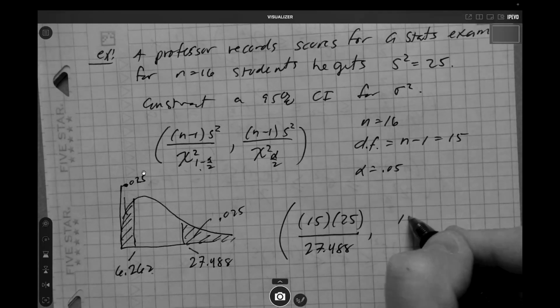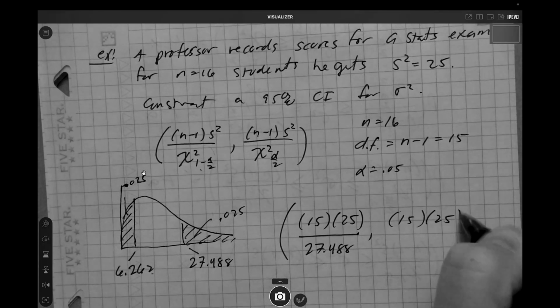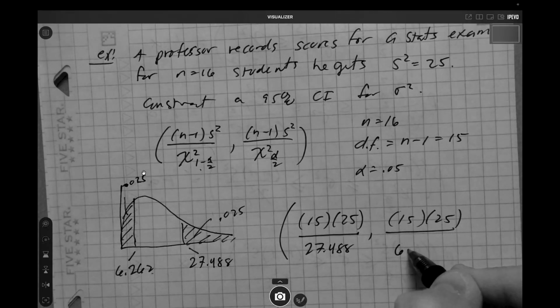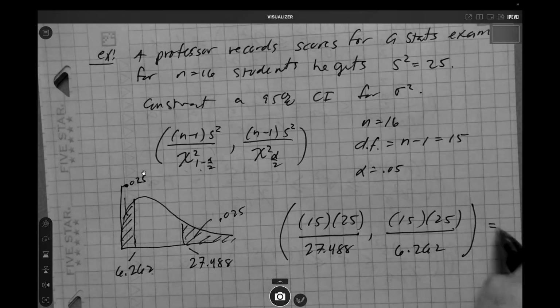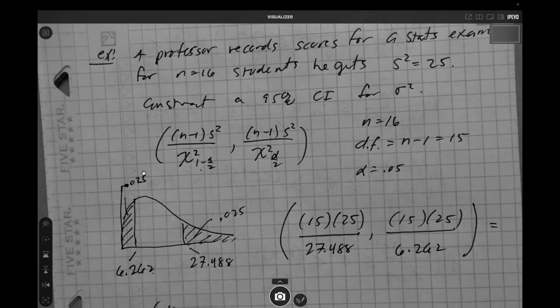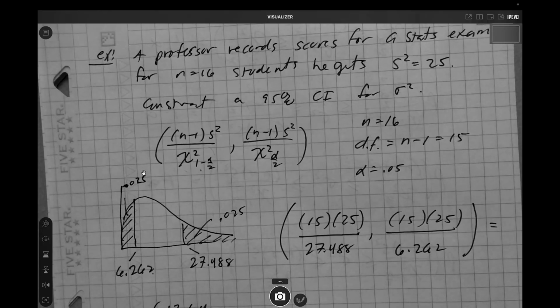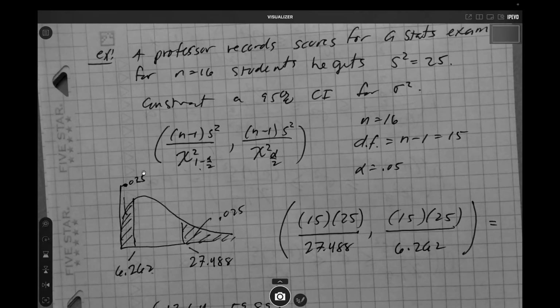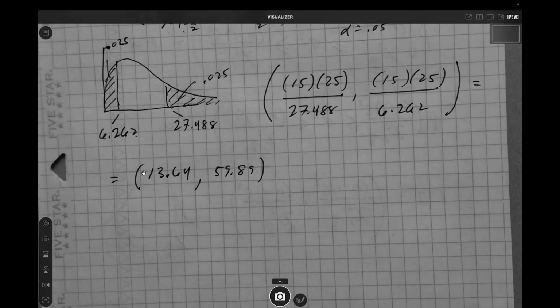Okay, and then the same thing up above, except we use the smaller one, 6.262. And I believe you get 13.64 up to 59.89. So that would be the 95% confidence interval for the variance for this professor for his class.